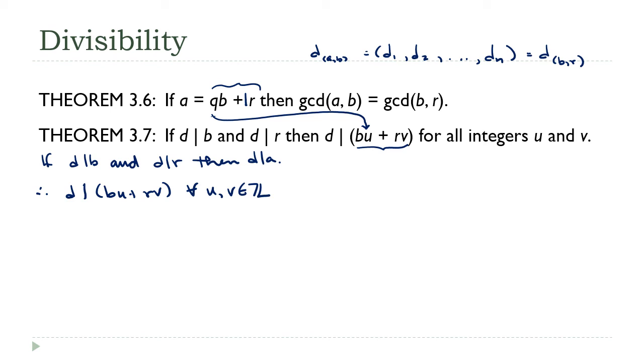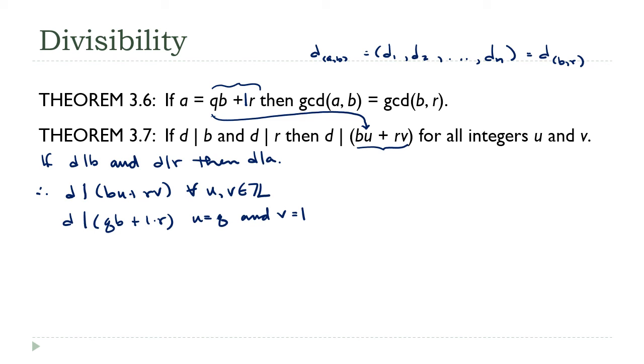If it works for every U and V, then it works specifically for U equals Q and V equals 1. So let's put that in here. That means D divides Q times B plus 1 times R.